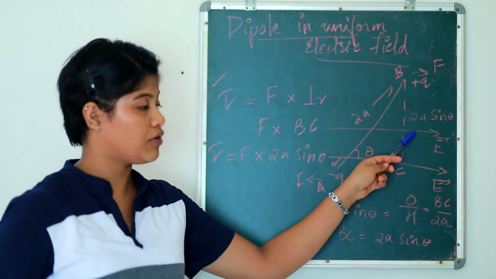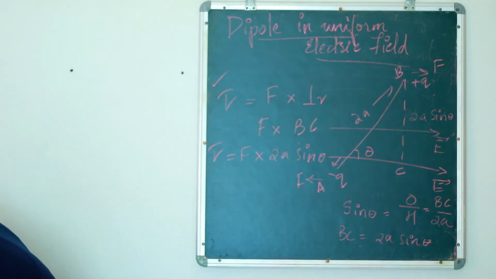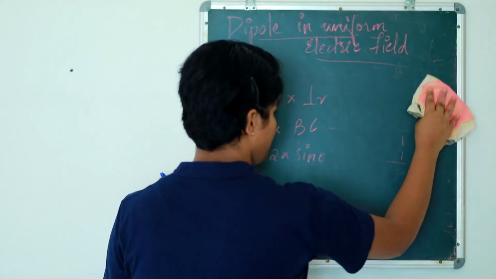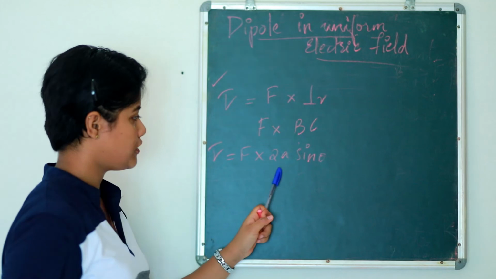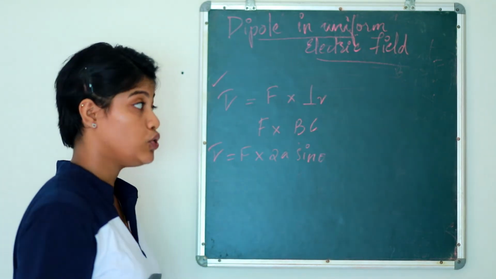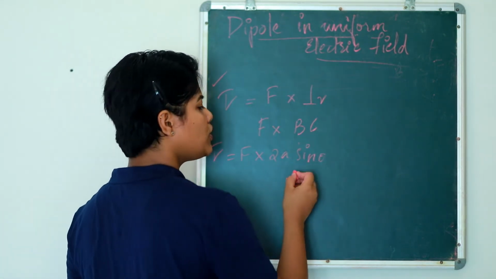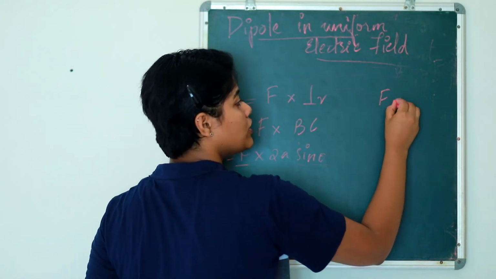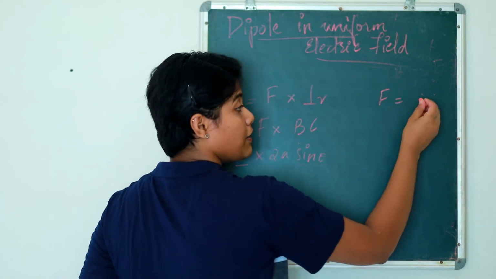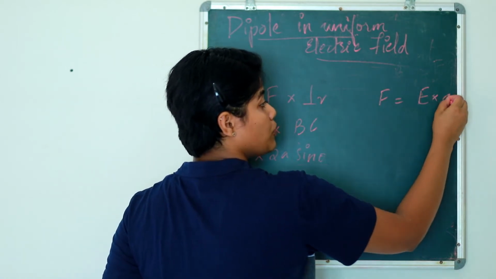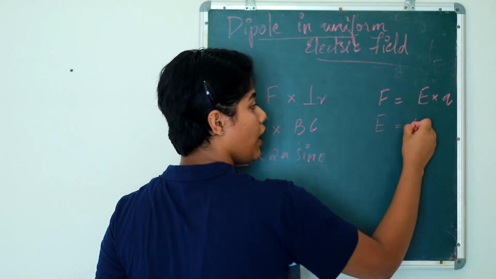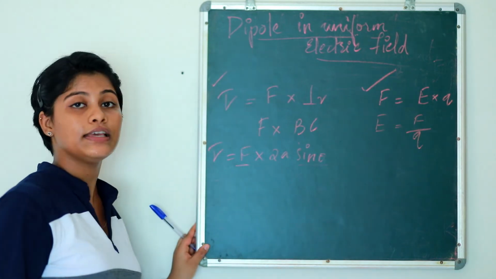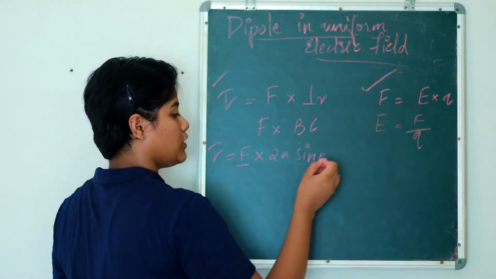For more convenience, I'm going to erase this diagram. So tau is equal to F into 2a into sine theta. Now, what is this F? We know that F can be marked as E into Q, since E is equal to F by Q. Now we are going to substitute this value here.